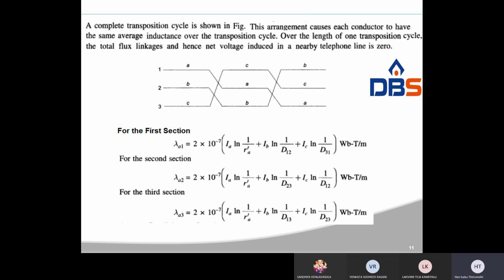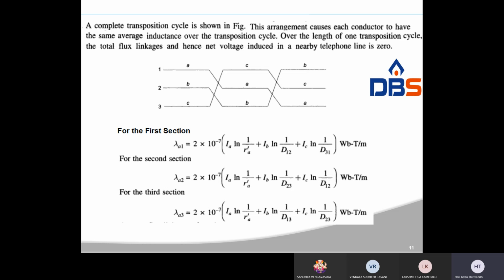For the first position, A is on top, followed by the remaining 2 conductors. That's why IA ln 1 by RA dash, IB ln 1 by D12, IC ln 1 by D13 or D31.